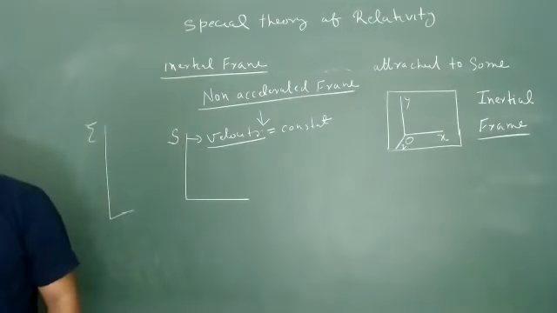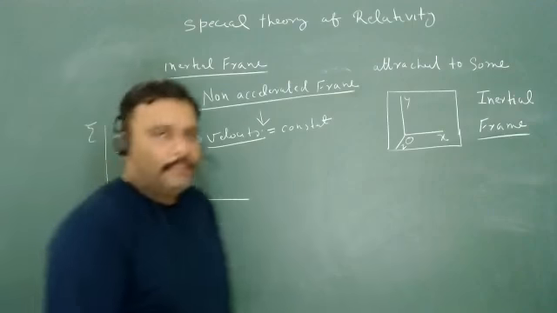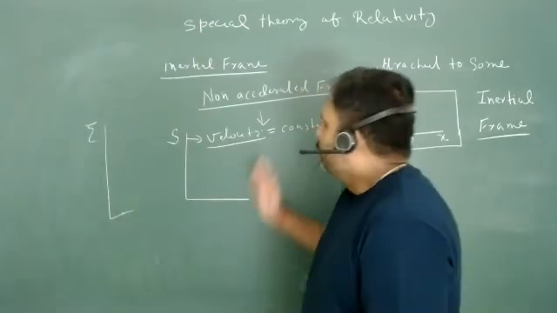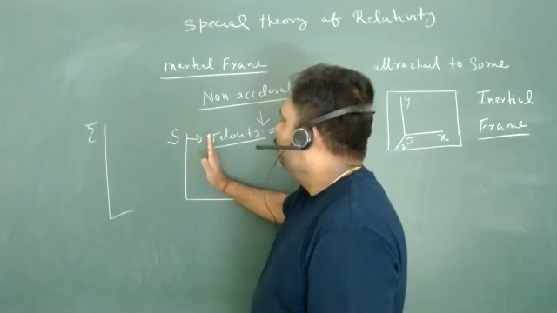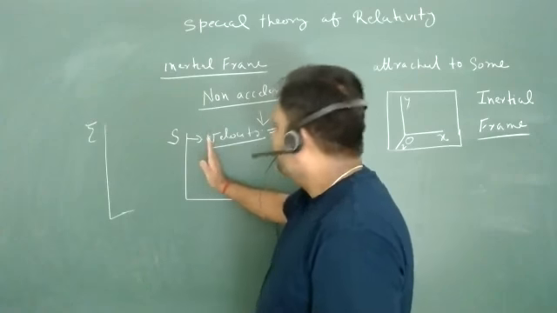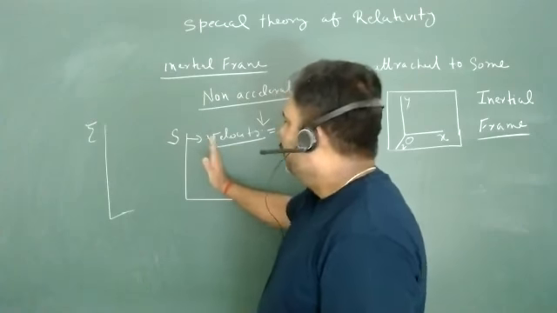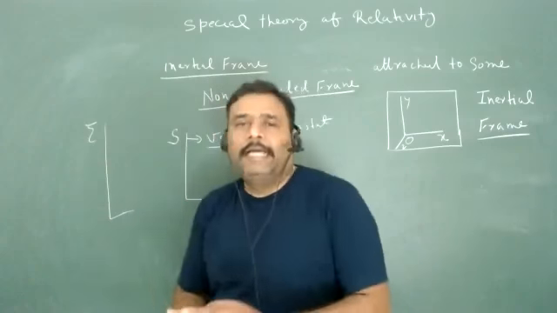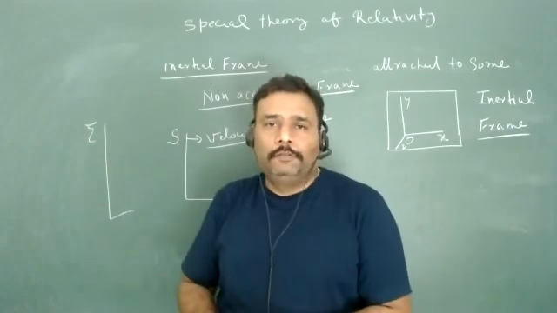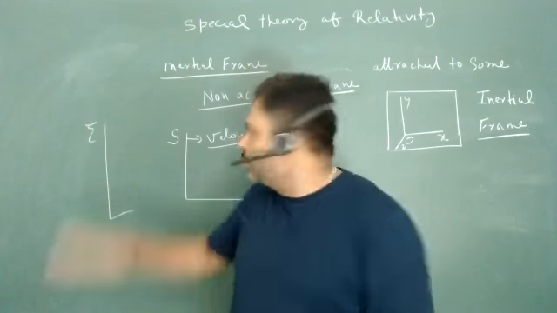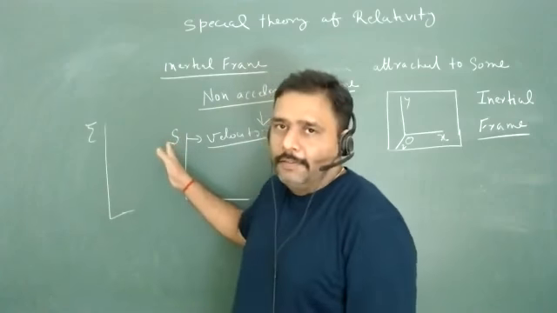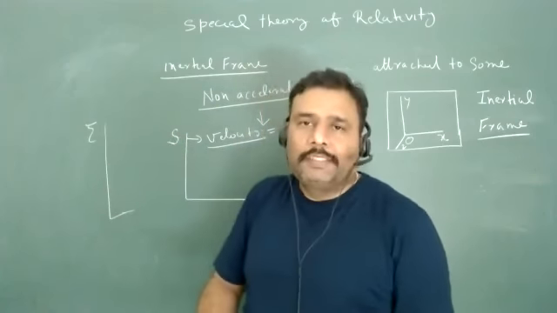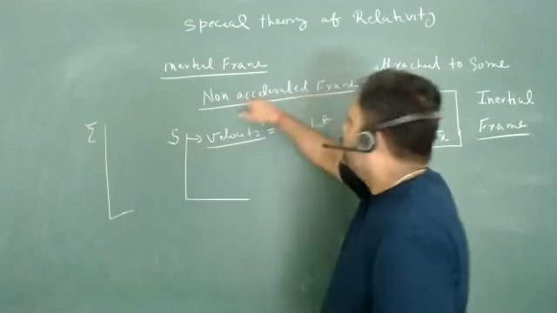So it must require force to change the direction. Exactly. It is a non-accelerated frame, which means it has constant velocity. If it changes its velocity, either in direction or magnitude, you need to give some force to it. And this is the definition of an inertial frame, which is non-accelerated.